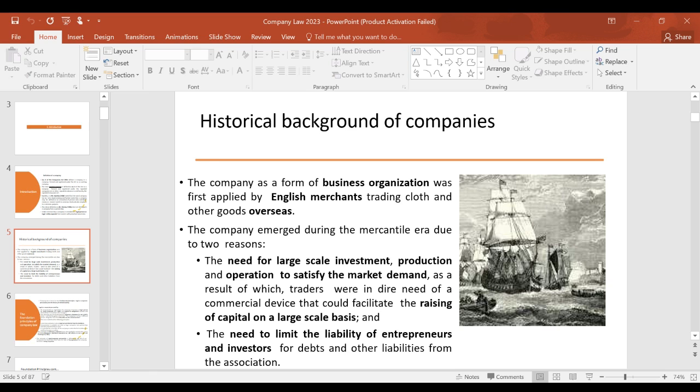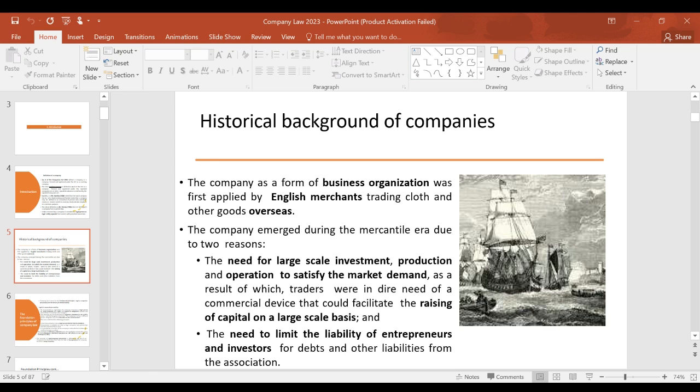How did the companies come to an existence as a corporate body or a separate legal person from its own owners? The companies originate from the English merchants who were trading in clothes and several goods, especially overseas.